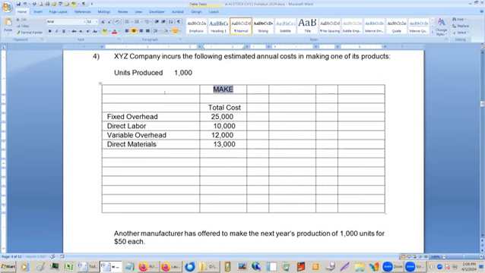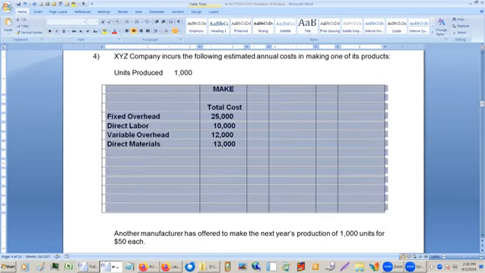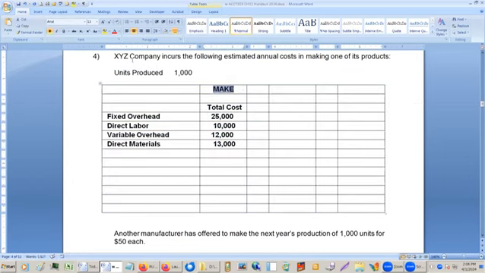If we're going to make it, this is what it would look like. And I'll come down here somewhere and say total. $25 plus 10 plus, this should be 60. I think it's 60,000. Plus 25 plus 25. Okay, so this is what it's costing us to make this thing.